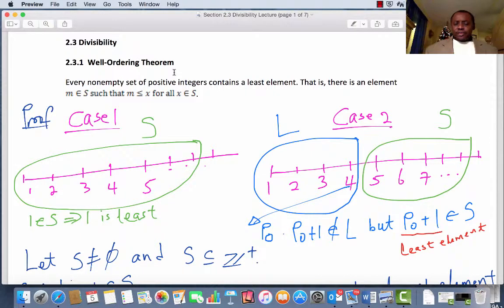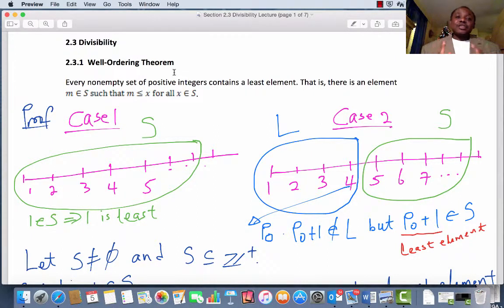Before I state this theorem, let me go ahead and give us background. In lecture 9, we proved that the number 1 is the least positive integer. Now, what happens if I take a subset of Z plus, a subset which is made up of elements from the set of positive integers?